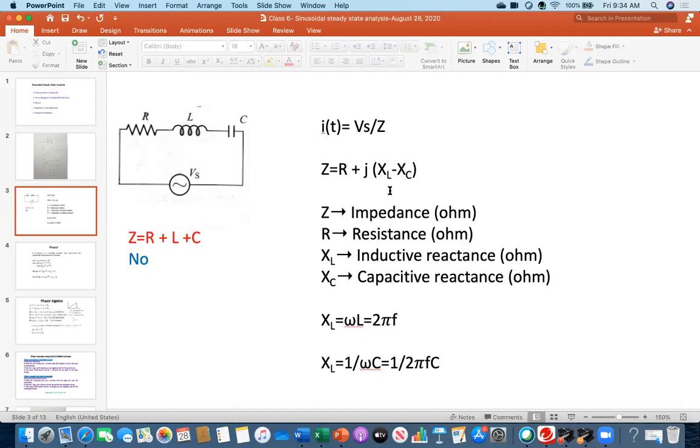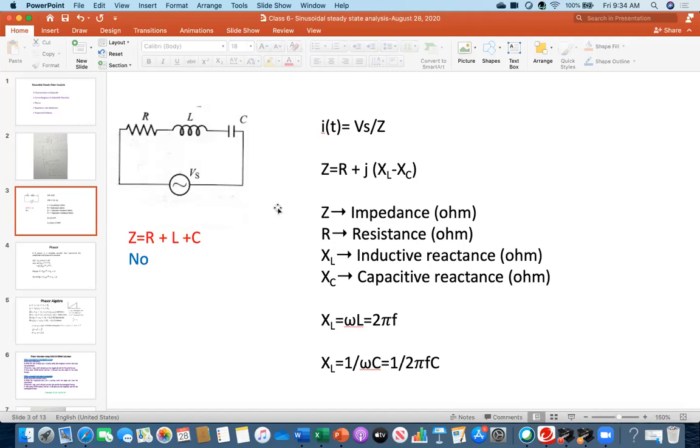But from today, starting from now on, as an electrical engineer, you must remember this format: for an AC circuit, what is the equivalent impact of these three components? That is the impedance.